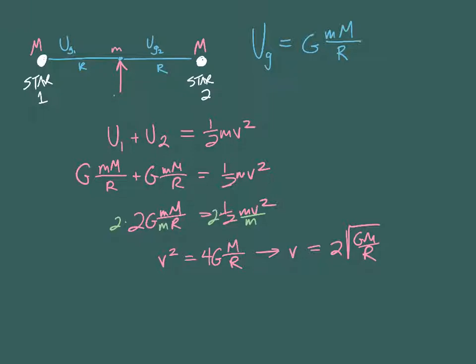I'm hoping this looks familiar because when we did our moon voyage lab, that Python thing where we made the thing go loop-de-loop around the Earth and the moon, we figured out normal orbital speed.